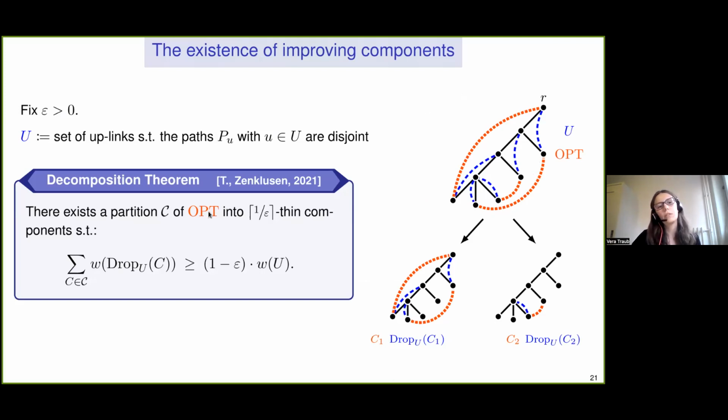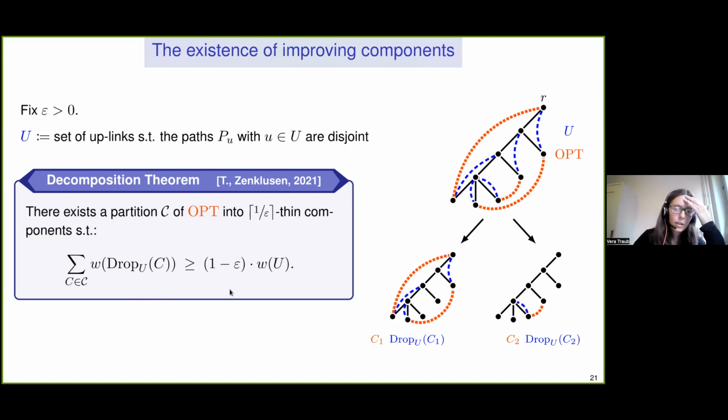What this decomposition theorem says is that we can always partition, if we look at some optimum solution to our Unweighted Tree Augmentation problem, then there always exists a partition of this optimal solution into components such that we get some lower bound on the size of the drops of these components.